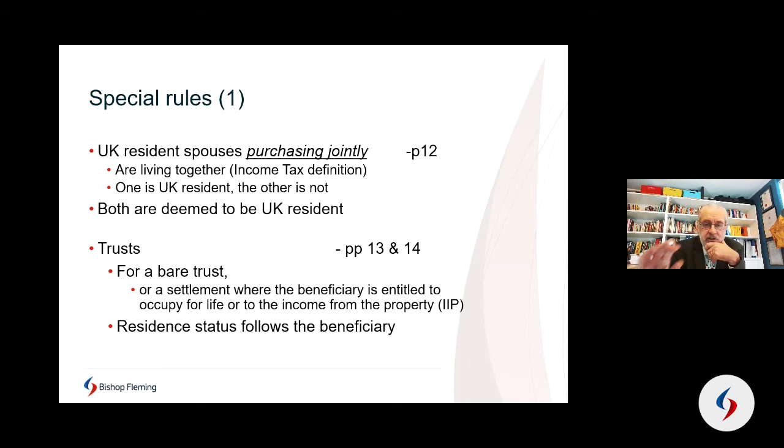So it doesn't matter if it's an overseas trust; if the beneficiary is UK resident, despite the fact the trust is buying the property, for the benefit of the beneficiary, UK status overrides that of the trust. For a settlement, it doesn't matter where the beneficiary is located, it's all about where the trustees are resident.